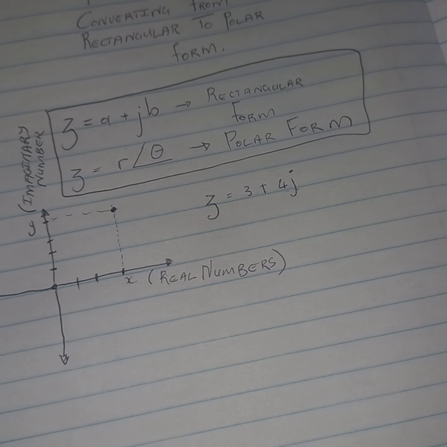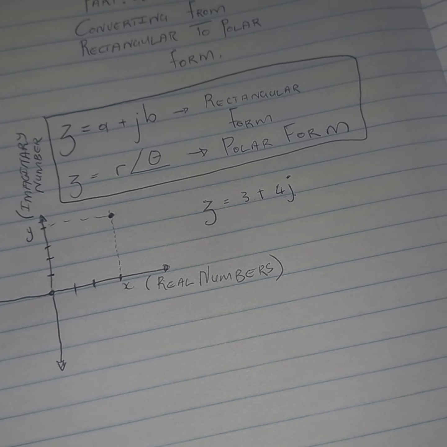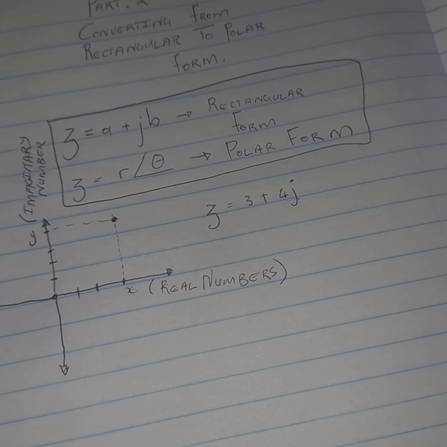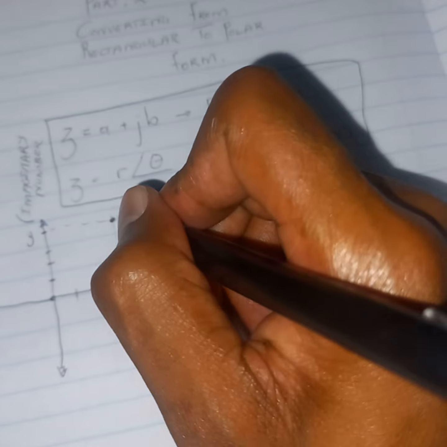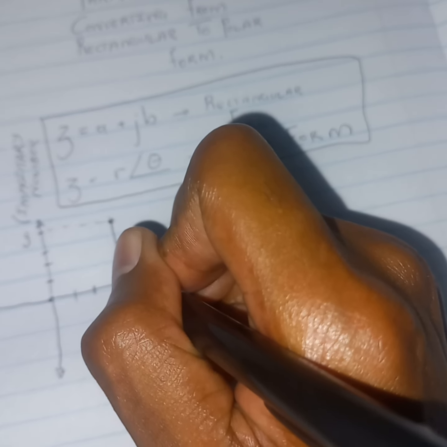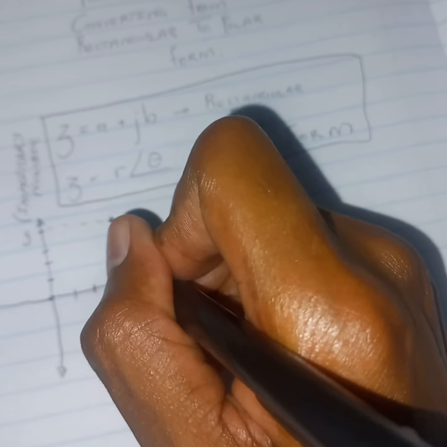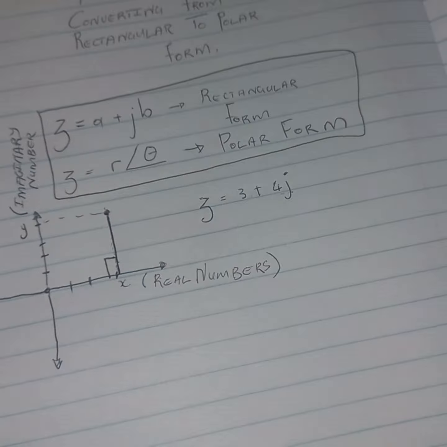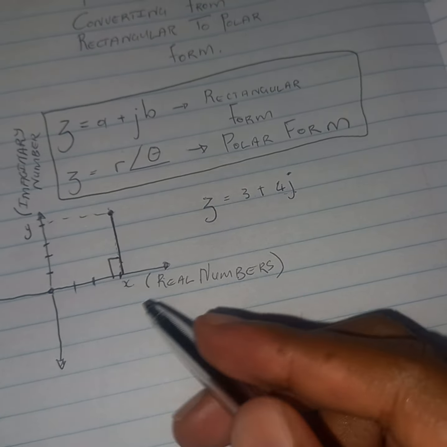So now, what can I do? I can construct a triangle: if I draw a vertical line from that point down to the unit 3, this vertical line is at 90 degrees to the horizontal axis.